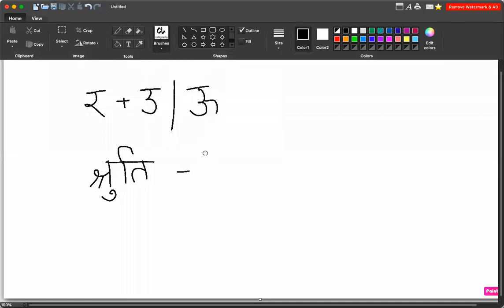So this is your letter shra, the sh followed by r. So this is your r, how we write it. Now we also have to attach the matra u to it.